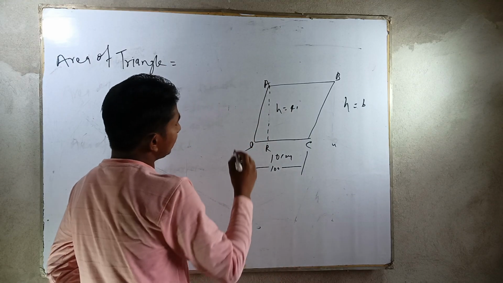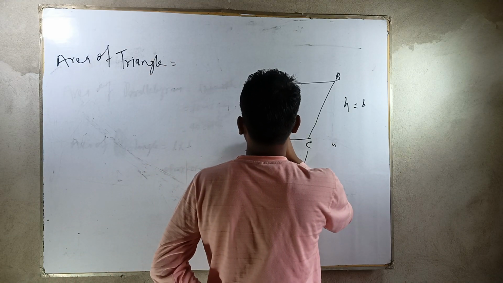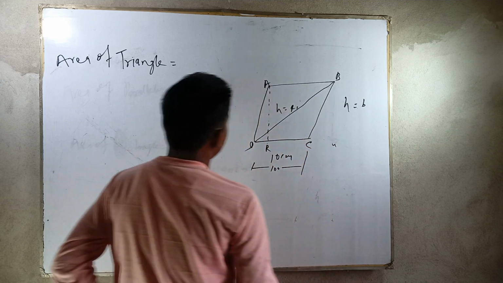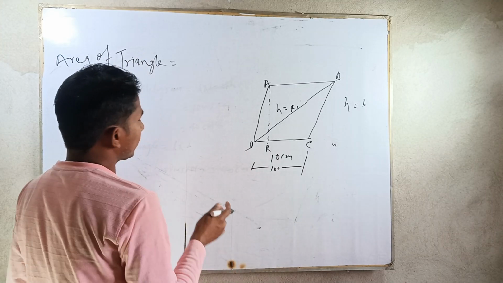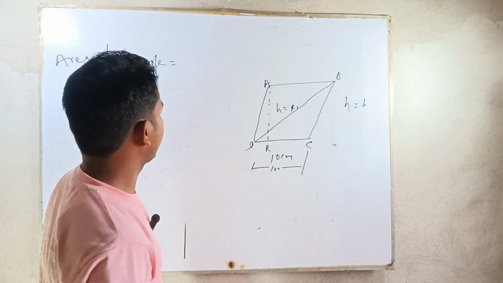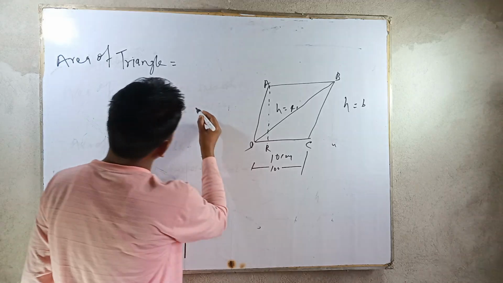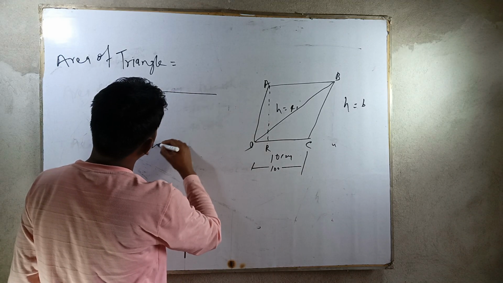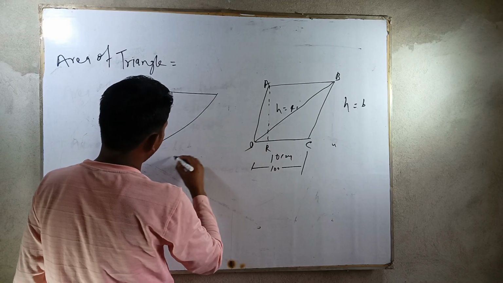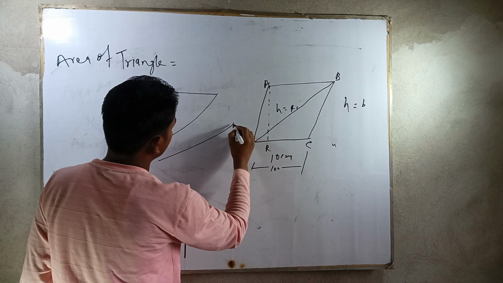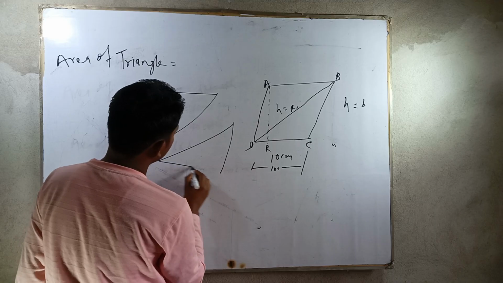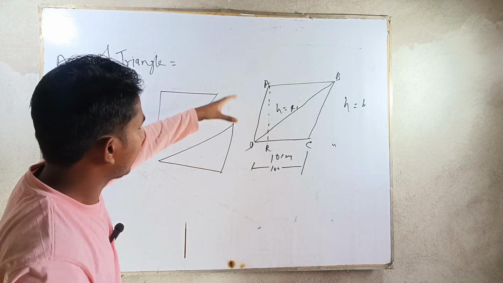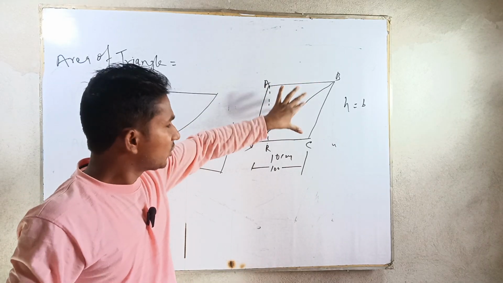And in the figure, if I divide this parallelogram like this, then two triangles are separate, like this one will be like this, and another will also look like this. That means two triangles are separated if you divide by 2.